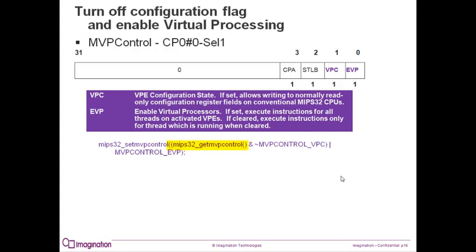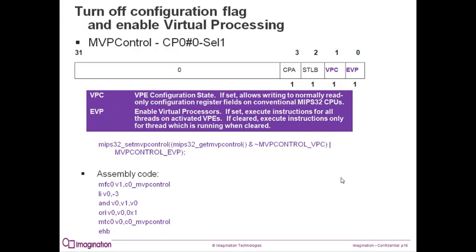I use the MIPS32 get MVP control macro to read the register, and then the MVP control VPC #define to clear the VPC bit to turn off the configuration state, and the MVP EVP #define to set the EVP bit to enable virtual processing. Then write the register back using the MIPS32 set MVP control macro. Here is the assembly code.